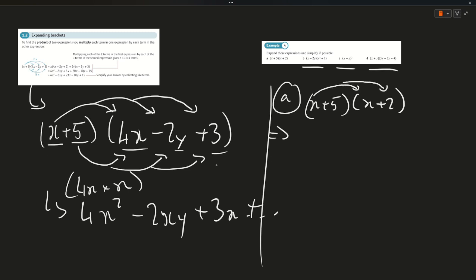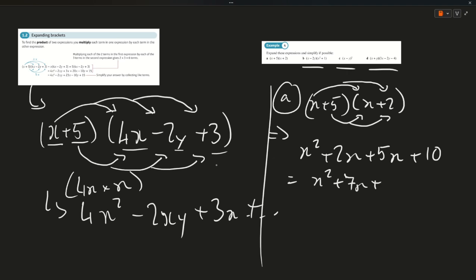Then x times 2, and then 5 times x, and 5 times 2. So that gives us x squared plus 2x plus 5x plus 10. Simplify that: x squared plus 7x plus 10.